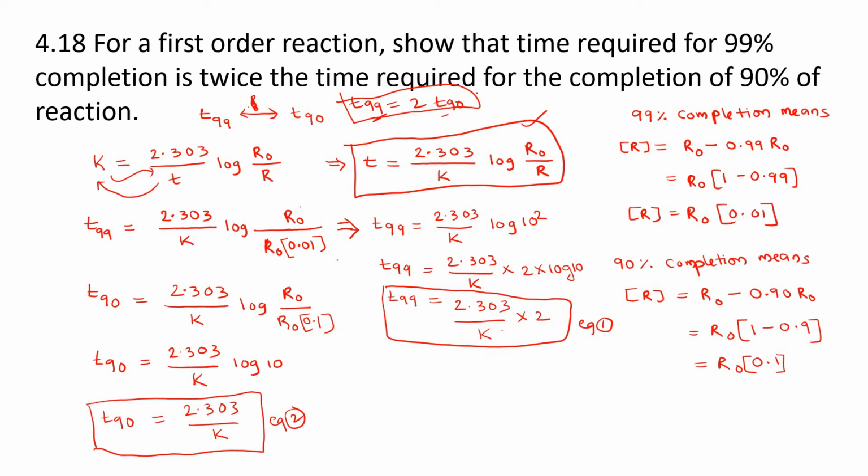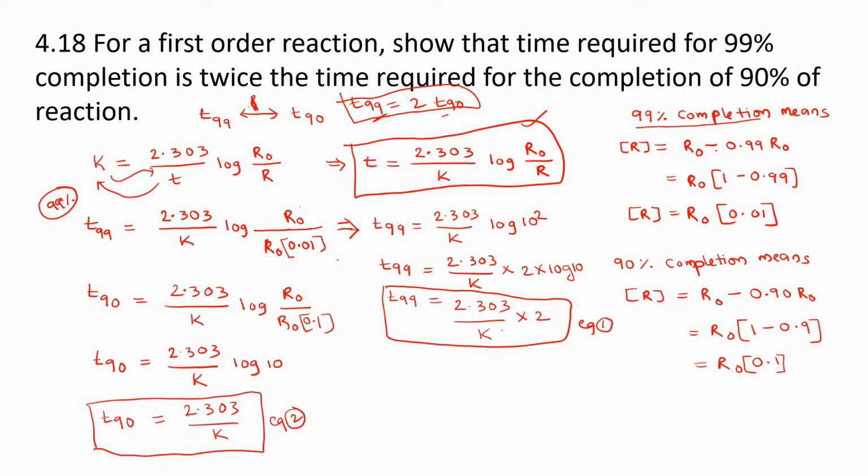Now take time for 99% completion, which is what we are calculating. T99 is equal to 2.303 by K into log of initial concentration by R0 into 0.01. See, if you want to complete 99%, what will be the reactant concentration?